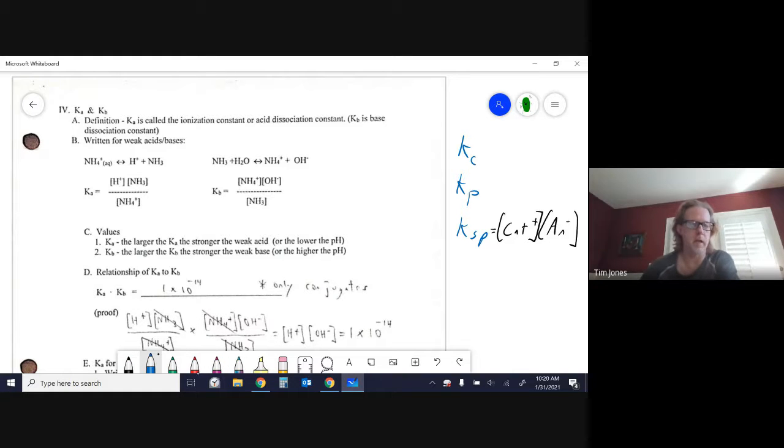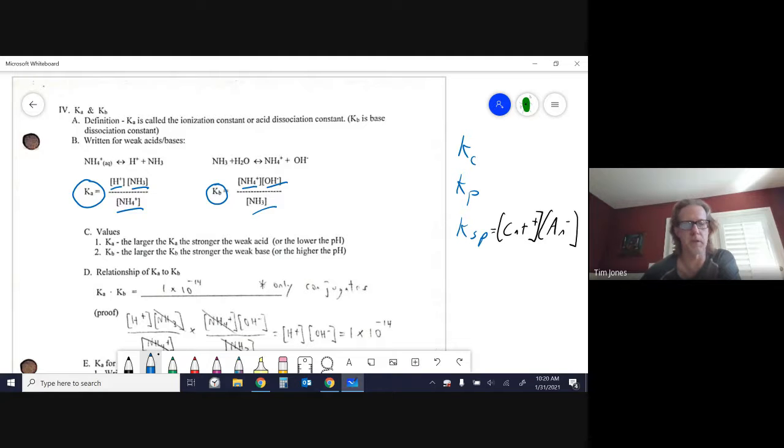with Ka and Kb. In the case of Ka, it will always be the acid on the bottom, an H plus on the top, and the conjugate base also on top. In the case of Kb, it'll always be the base on the bottom, hydroxide on the top, and the conjugate acid.